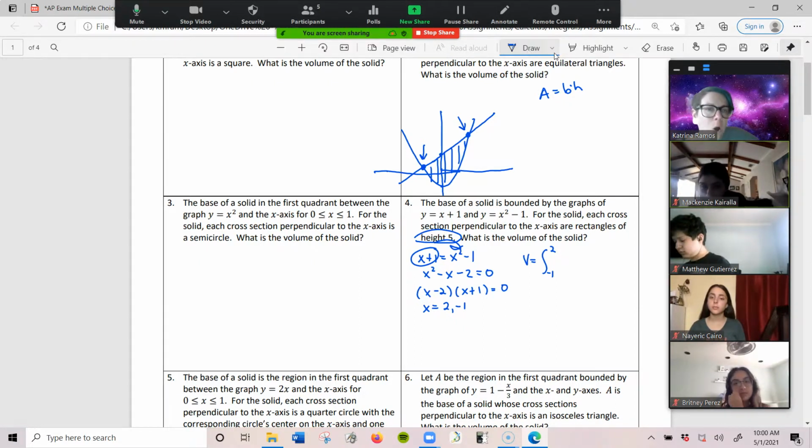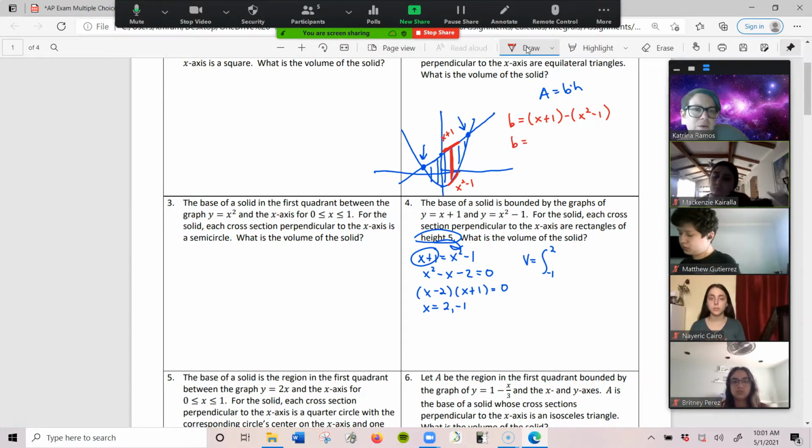The base for all of your cross sections is always the high minus the low function. The high function, the one on top, is x plus 1, and the low one is x squared minus 1.